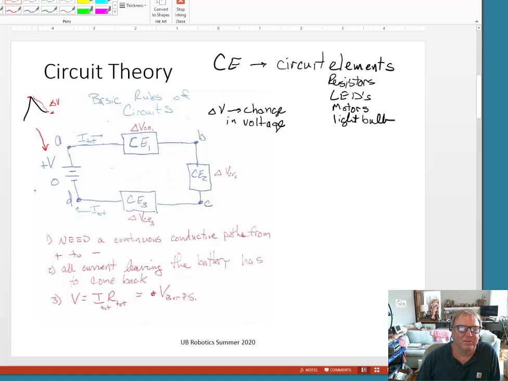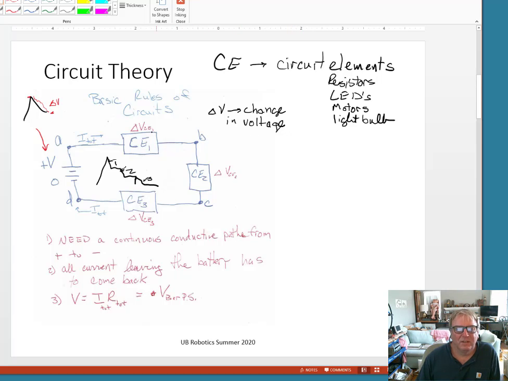And what the resistors, circuit elements, would represent would be the different slopes on the mountain. And the flat spots are in the wires, because we think that there's no voltage change in a wire.